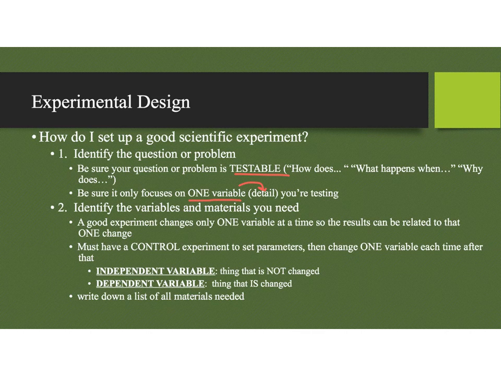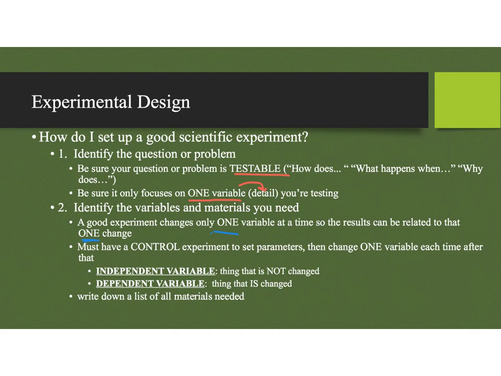Now, once you have your question, you're going to identify your variables and the materials that you need. Like I just mentioned, a good experiment changes only one variable at a time, so that whatever results you get can be related back to that one change. So you can say, yes, this is what happened, and so it has to be caused by that one variable.